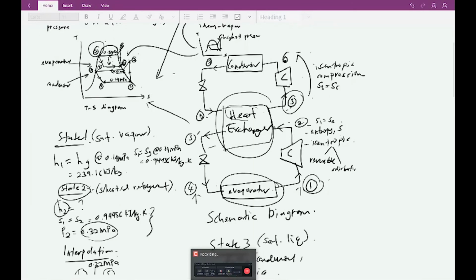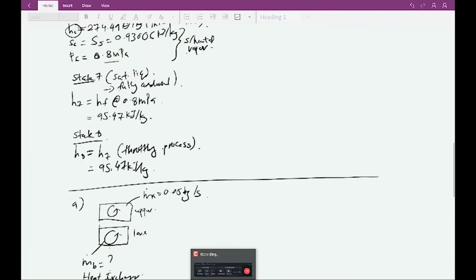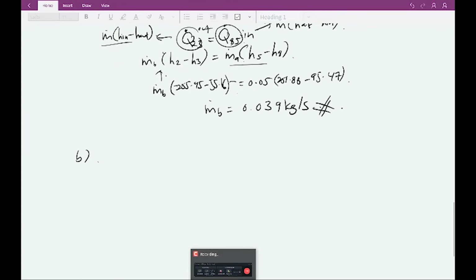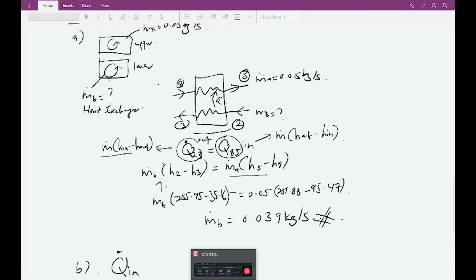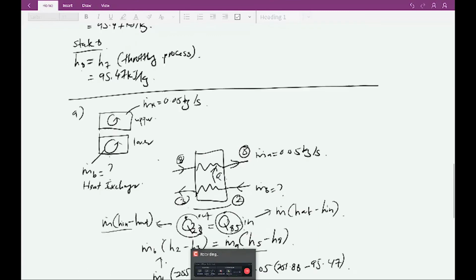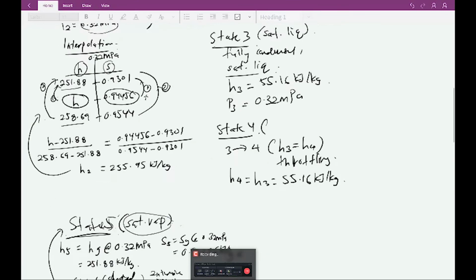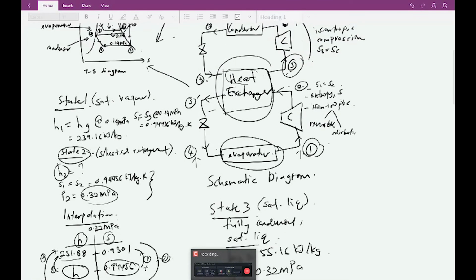So it asks for Q in from the evaporator. Basically we need to check at your schematic diagram what is the state related here. So the heat is absorbed by the evaporator, and then the refrigerant flows from state 4 to state 1.